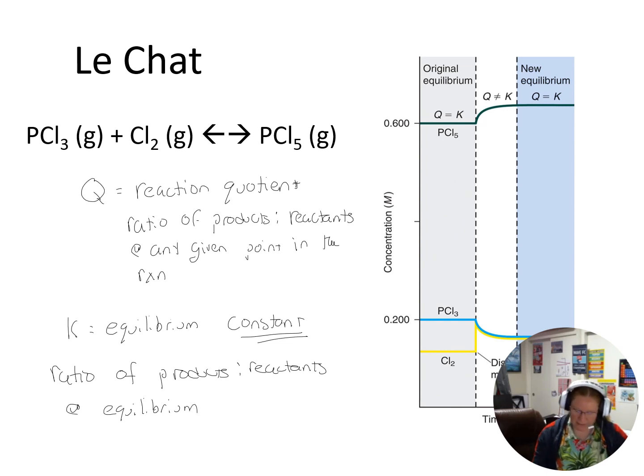So what's happening here is I start off there in that gray bar at equilibrium, Q equals K. Because if I'm at equilibrium, my ratio of products to reactants should equal my equilibrium constant.